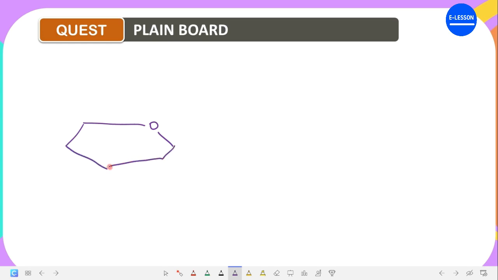Let's assume this is the structure of glucose with everything present. This is carbon 1, 2, 3, 4, 5, and then we have here CH2OH. This is the structure of glucose.